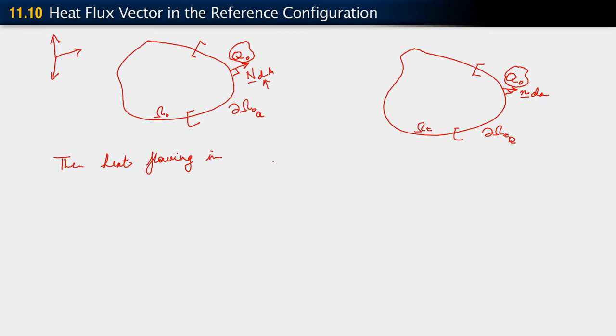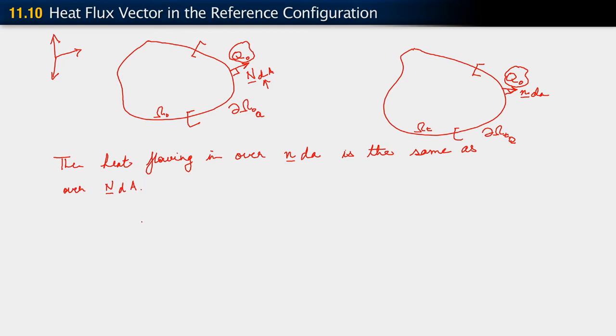The heat flowing in over n da, that's the area vector in the current configuration, is the same as over capital N dA. Okay?